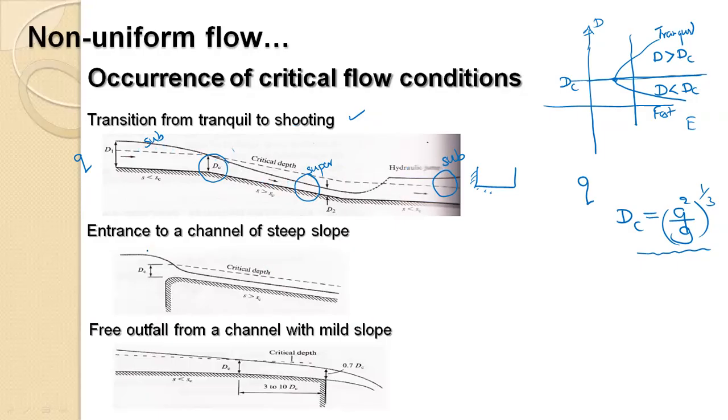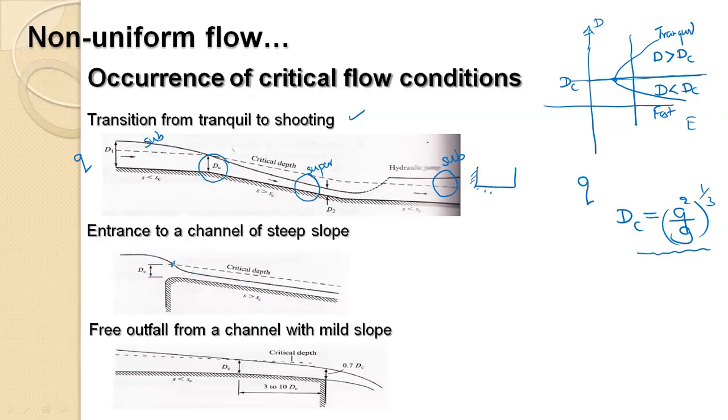And then this is from a reservoir most probably into a channel of steep slope. Then again the water levels just above the channel may be subcritical, and then along the channel there can be supercritical flow depending on the slope. If the slope is fairly high, then it can lead to supercritical flow.